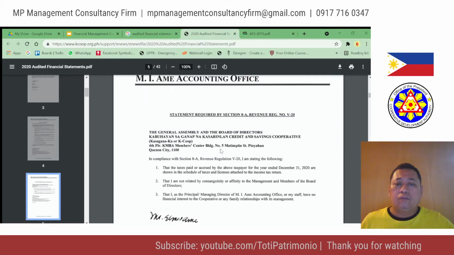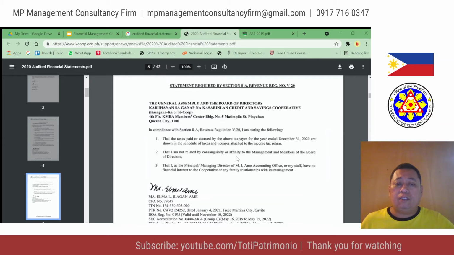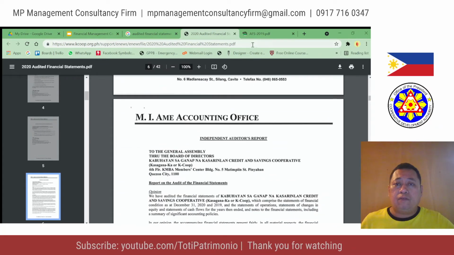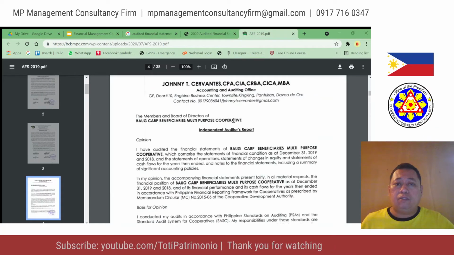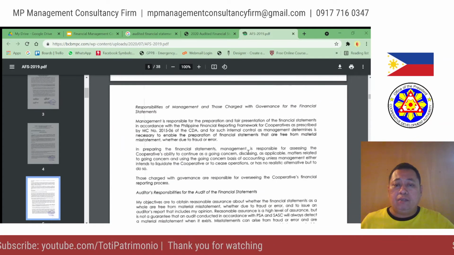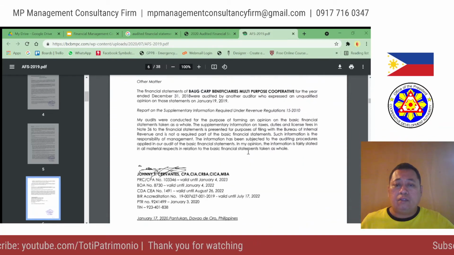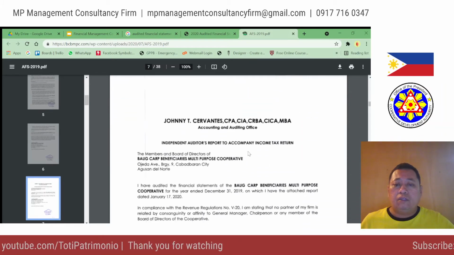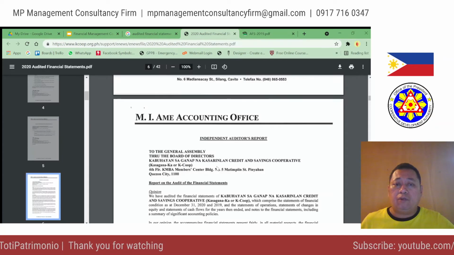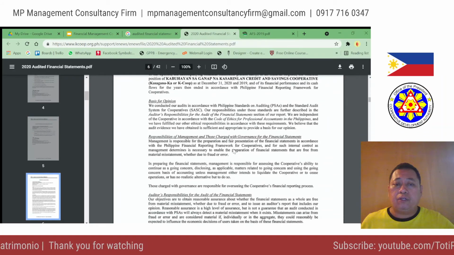This is included in the released financial statements of Elma Ilagan. I don't know if it is included here with Johnny Cervantes, but anyway, that is not our point. The point is the minimum required reporting for the cooperative. So here we have the independent auditor's report.